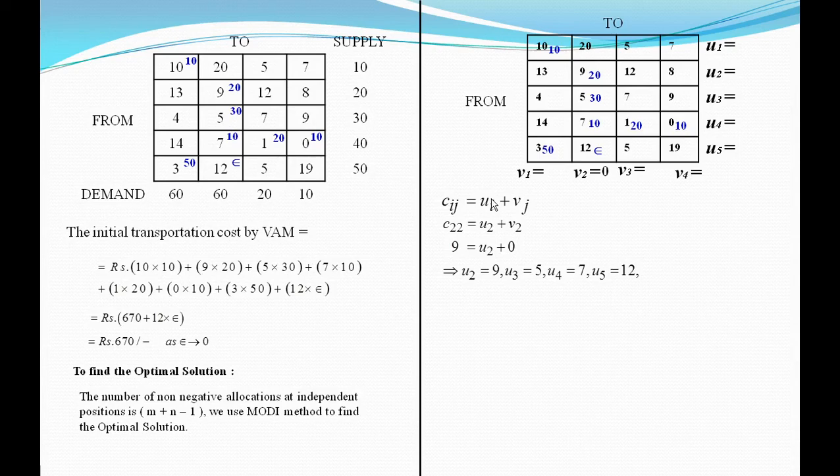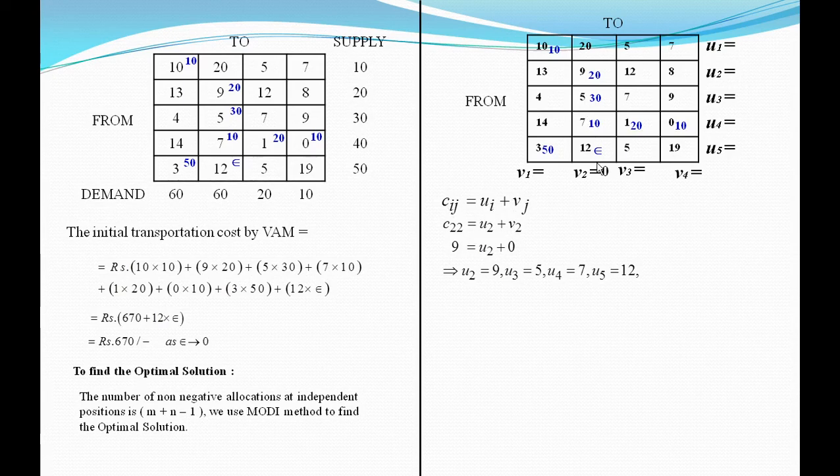C is for cost, u's and v's are these u values and v values. Using the value 0, I can find the values of the rest: u1, u2, u3, u4, u5, and v1, v3, v4. How do I find them from a single element? Using v2, I find all the unknown elements with the help of this formula.